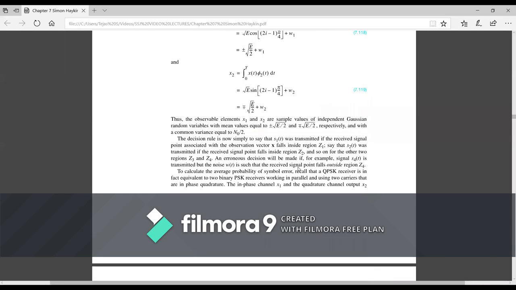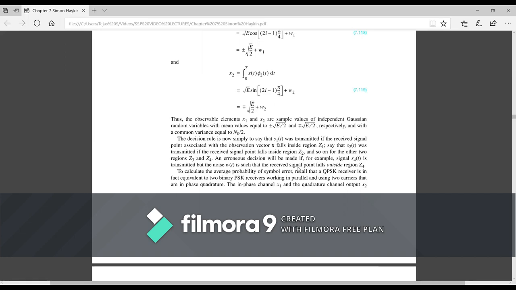The decision device in the in-phase path accounts for one of the 2 bits constituting a symbol, and the decision device in the quadrature path takes care of the other bit. The average probability of a correct detection resulting from the combined action of the 2 channels working together is Pc, the correct probability, equal to (1 minus P') the whole square.